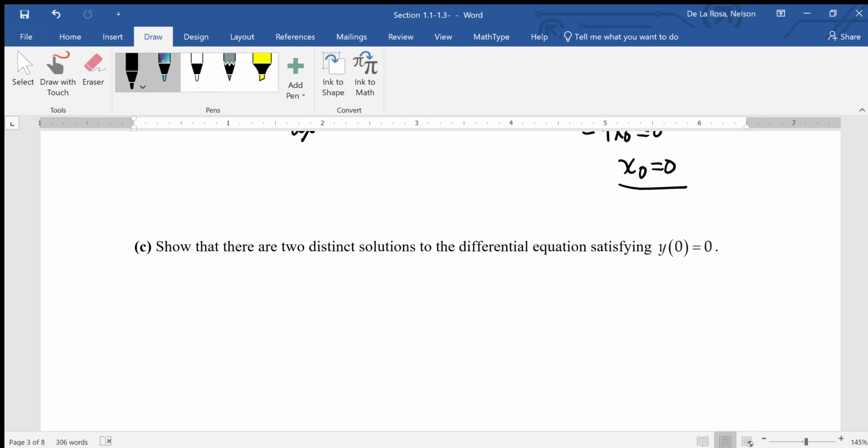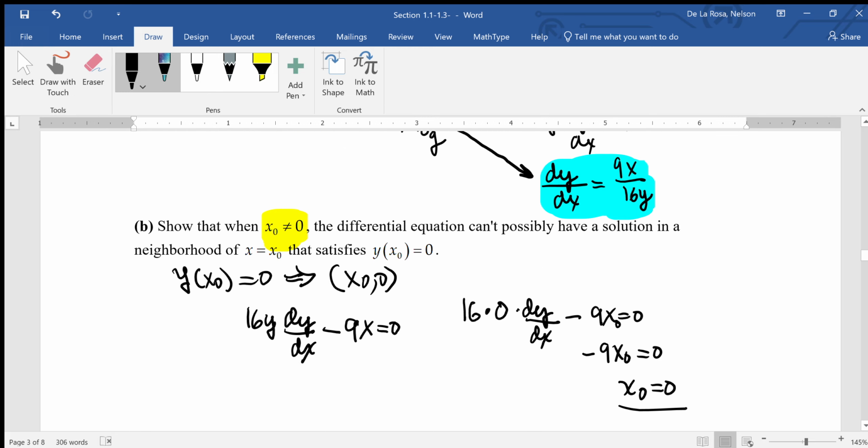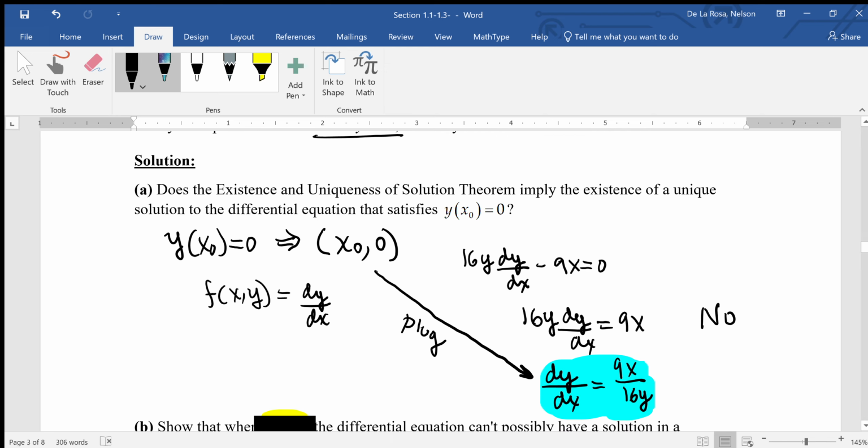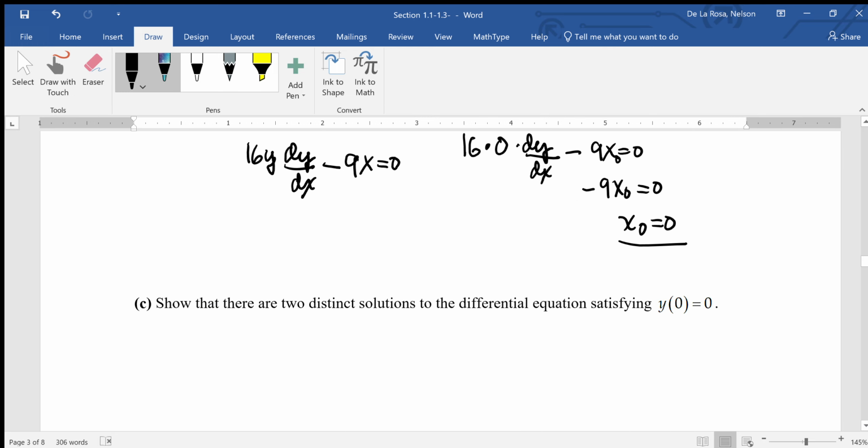Okay, well, the problem at the beginning states that the family of solutions is given by this equation, right? 9x squared minus 16y squared equals C. So we have 9x squared minus 16y squared equals C. And then the point is (0, 0), right?